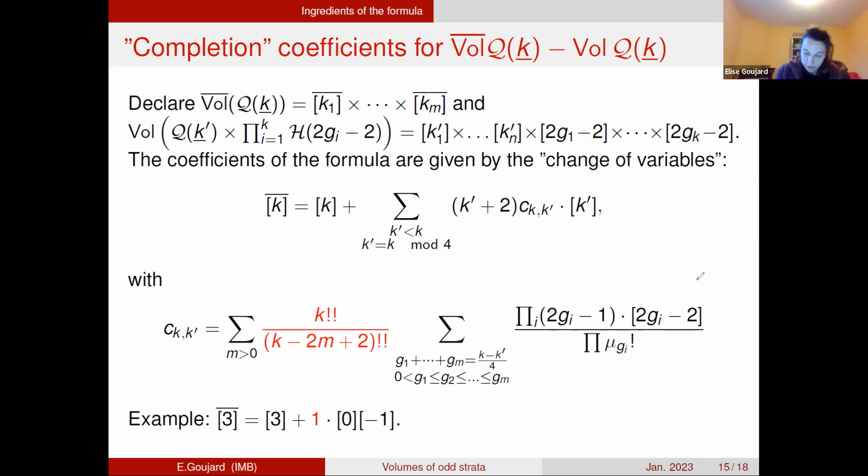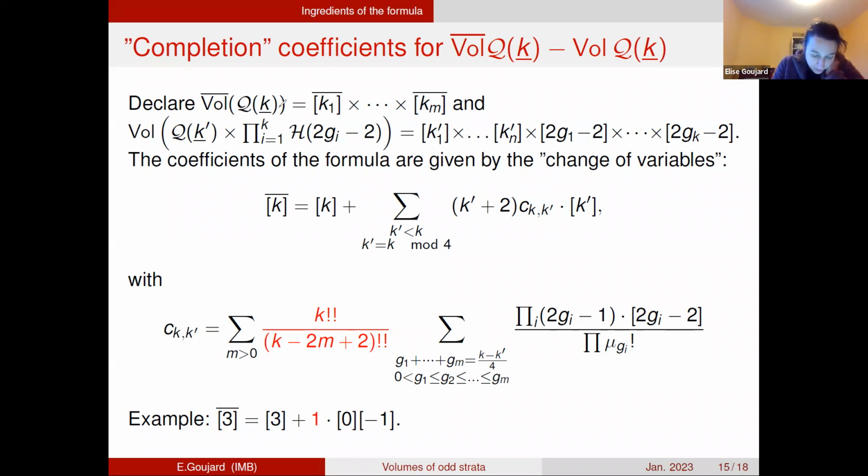So what are the coefficients in this formula? It's really nice, because it took us a while to determine these coefficients, and they were so simple at the end that it was really a nice story.